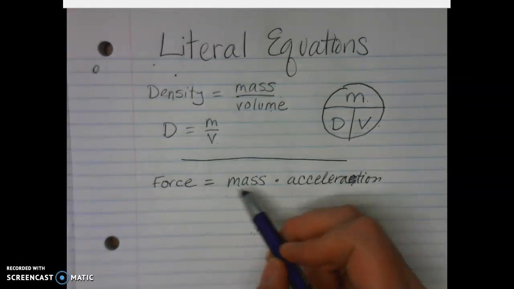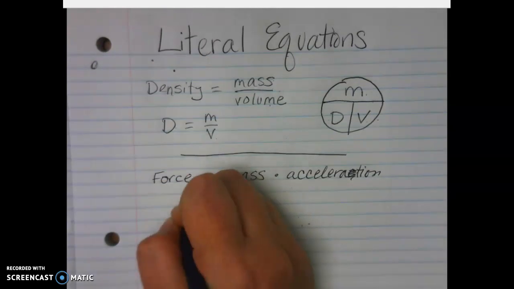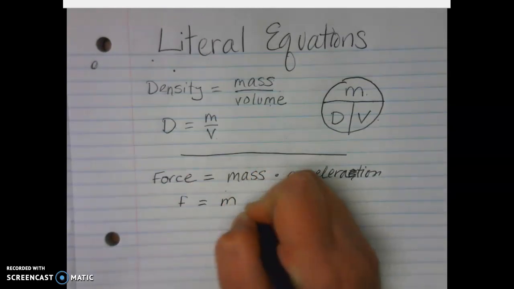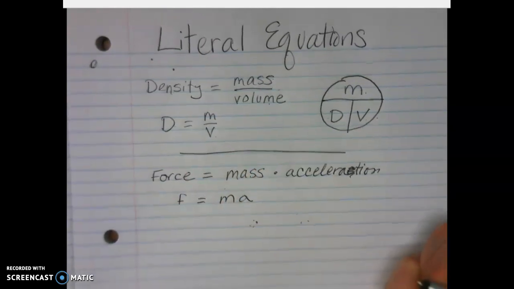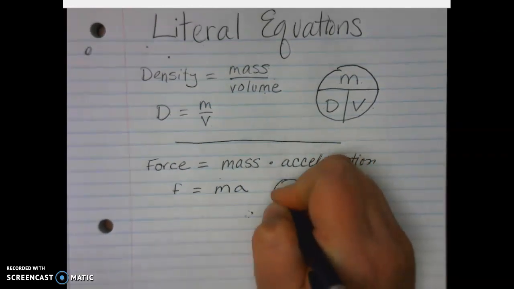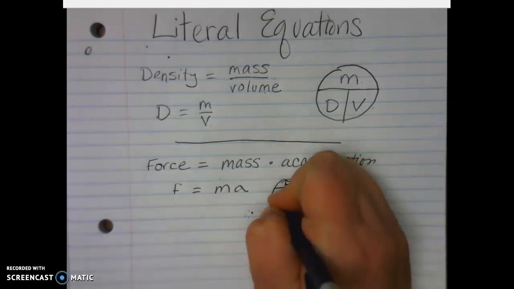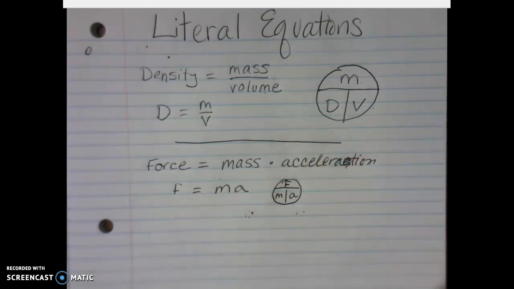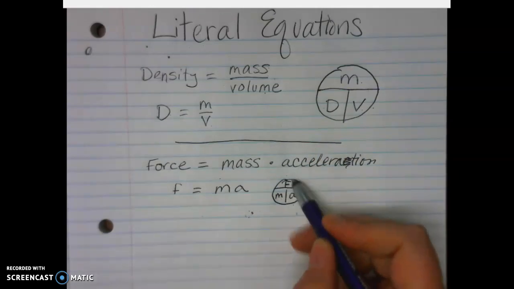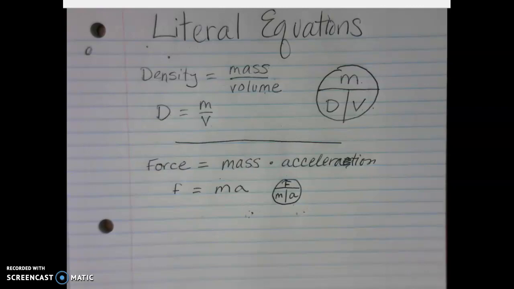Okay, so force equals mass times acceleration. Great. So when I put it inside my circle that I kind of made really small, force equals mass times acceleration. So now I know how to solve for any one of those when I know the other 2.